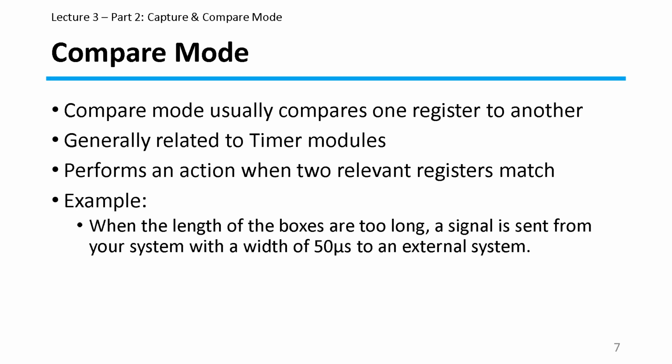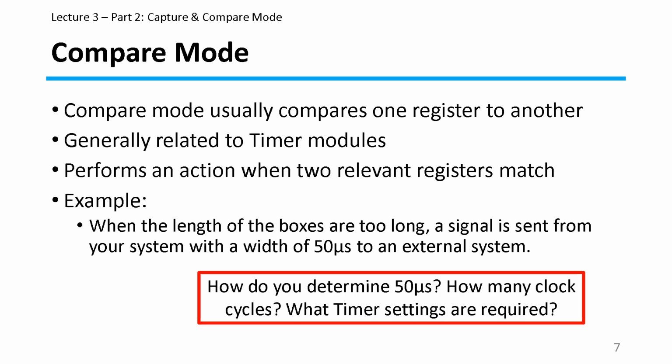So let's look at an example of where compare mode might come in. Given the previous example of your high-speed conveyor belt trying to track the length of the boxes, when the length of the boxes is too long, a signal is sent from your system with a width of 50 microseconds to an external system. So the question becomes, how do you determine the 50 microseconds?